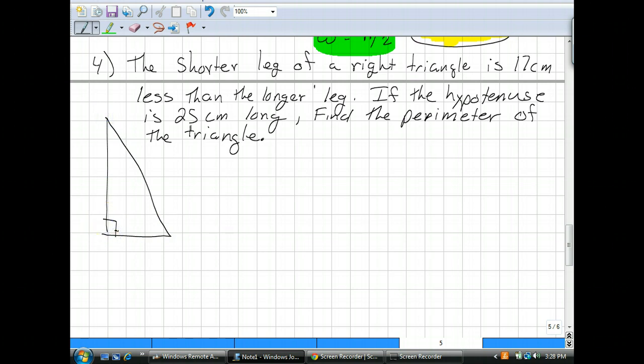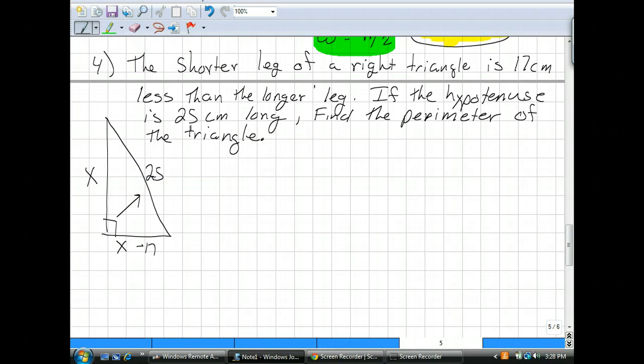It says the shorter leg of a right triangle is 17 centimeters less than the longer leg. So we're going to let x equal the longer leg. The shorter leg is going to be x minus 17. And we know the hypotenuse, remember the hypotenuse is the side opposite the right angle, is 25 centimeters.